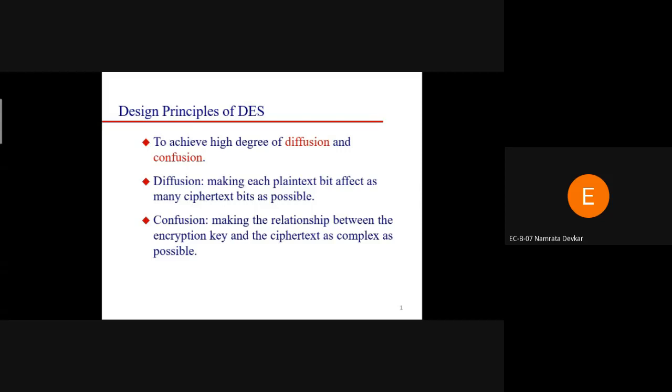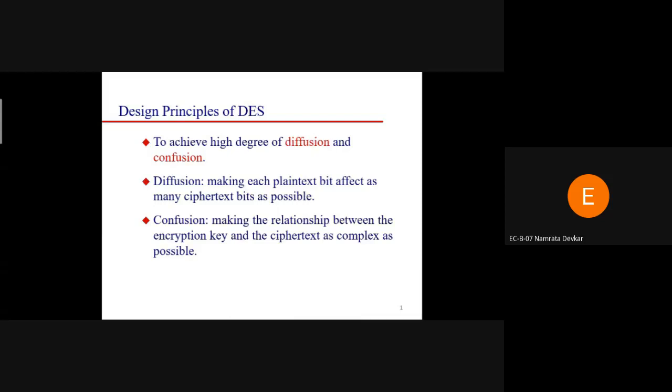Diffusion can hide the information between plain text and ciphertext, whereas confusion can hide the information between ciphertext and the encryption key. Okay, so this is the basic difference between diffusion and confusion, and these two concepts are used in the Data Encryption Standard. These are the two basic things used in the DES algorithm.